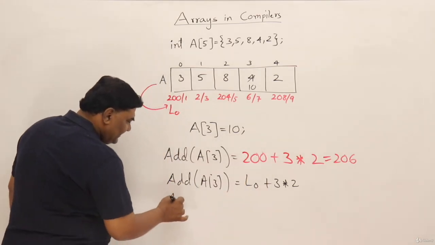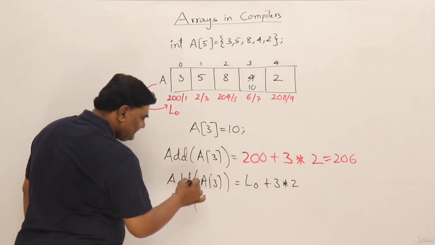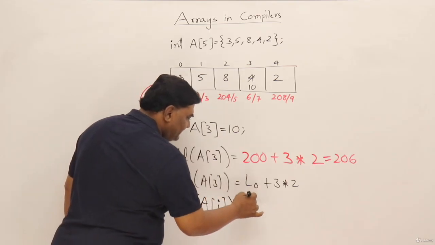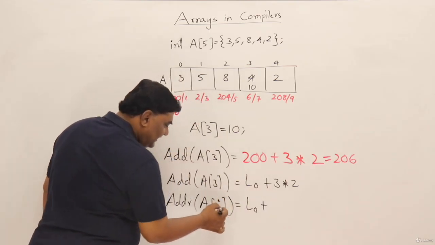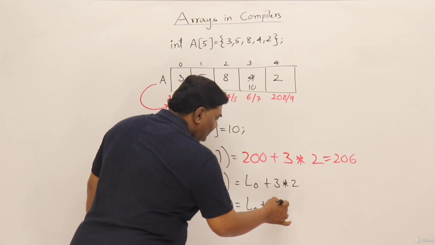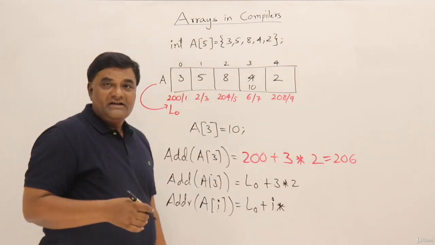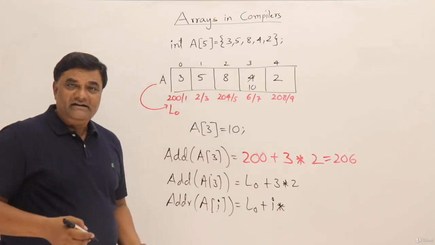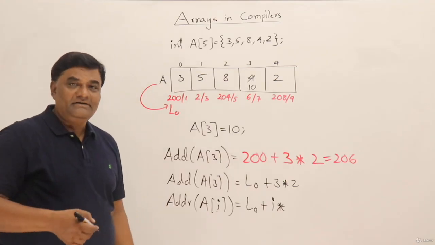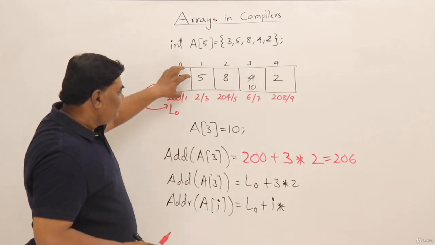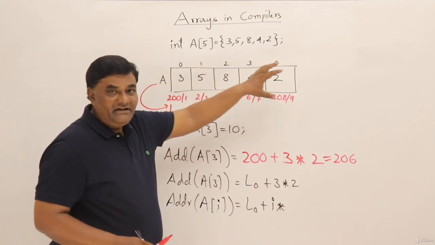Now for the address of any location a of I, how can it be obtained? L0 plus I into the size of the data type. This is an example of an integer array, so 2 bytes. If it is a float array, it may be 4 bytes, a character array may be 1 byte, a double array may be 8 bytes. So depending on the data type, the number of bytes taken by each element may vary.